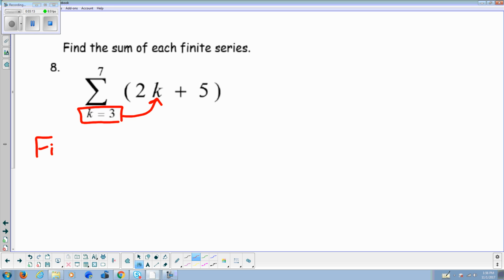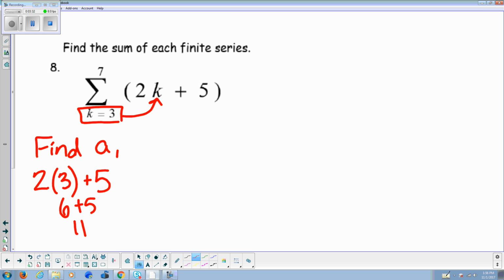So to find a1, we substitute 3 into our explicit formula in place of the variable. I know that 2 times 3 is 6, and 6 plus 5 is 11. So in this series, a1 is 11.